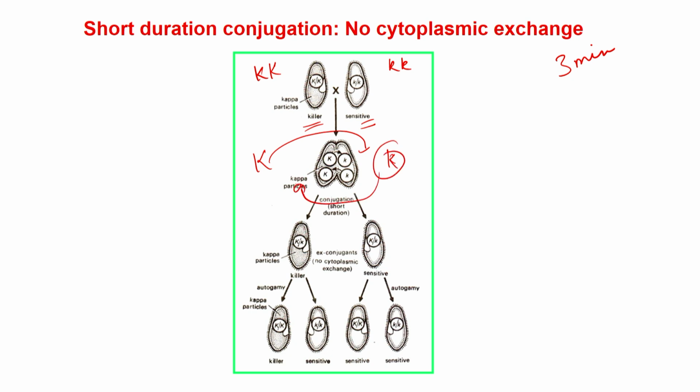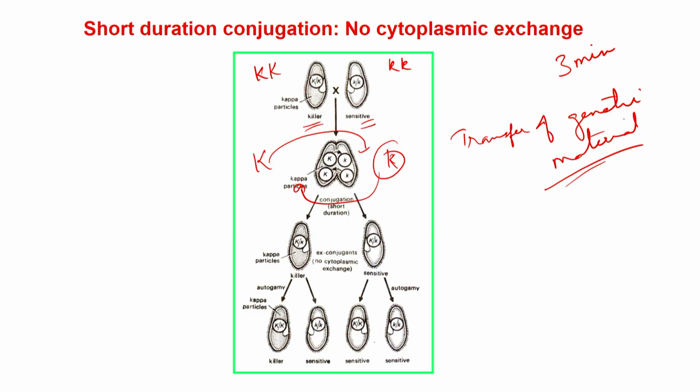DNA का ट्रांसफ़र होता है. ये जो ड्यूरेशन है, that is only enough for the transfer of genetic material. इतना ही टाइम के लिए वो एक साथ रहते हैं जब जेनेटिक मटेरियल एक सेल से दूसरे सेल में चला जाता है, एक पैरामीशियम से दूसरे पैरामीशियम में चला जाता है. तो जब साइटोप्लाज्मिक एक्सचेंज नहीं होता है तो जीनोटाइप ऑफ दीज आर कॉल्ड एज एक्स कॉन्जुगेट्स.